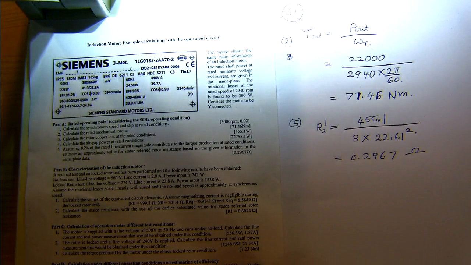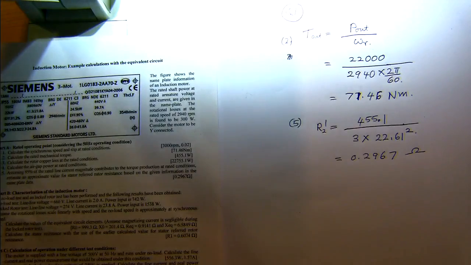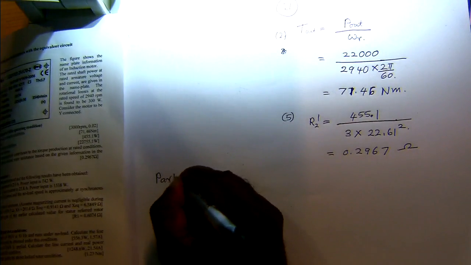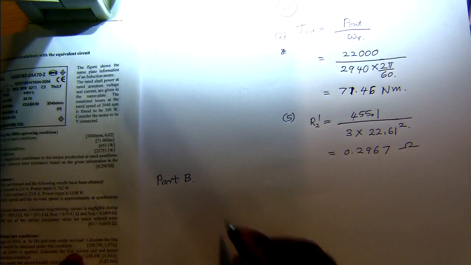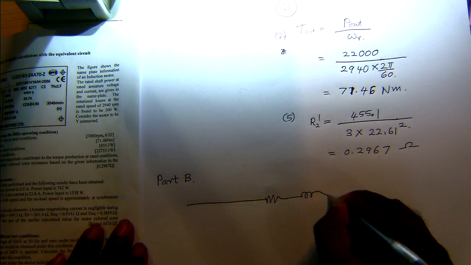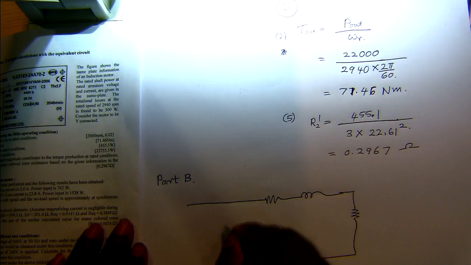So if we look at the first part, we are going to calculate the lock rotor test, so lock rotor condition. So part B. So if we look at the lock rotor condition, we have let's say this circuit and then this.